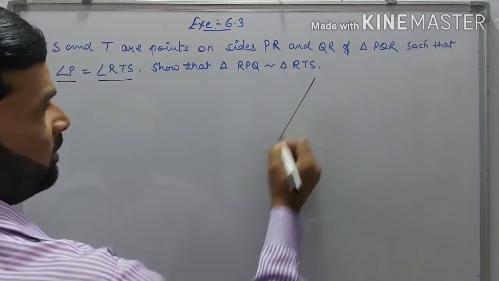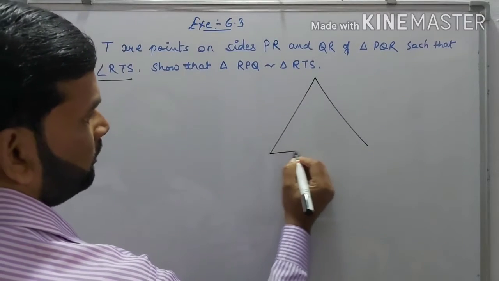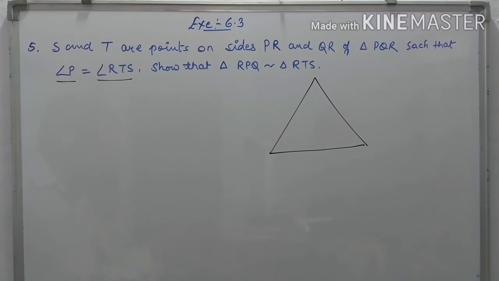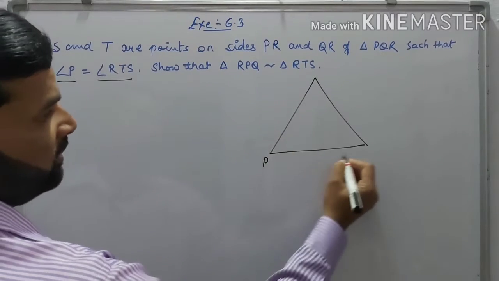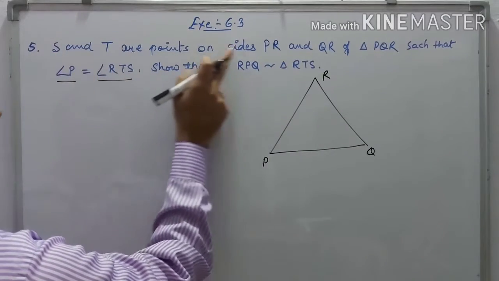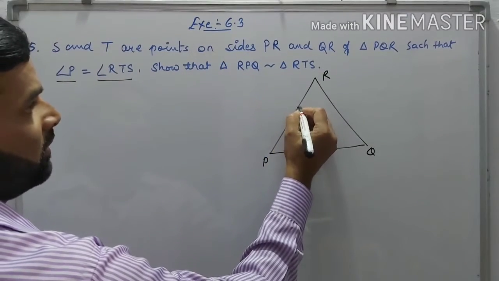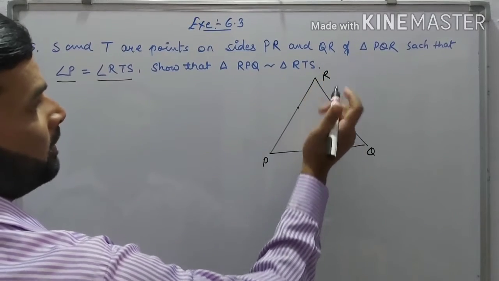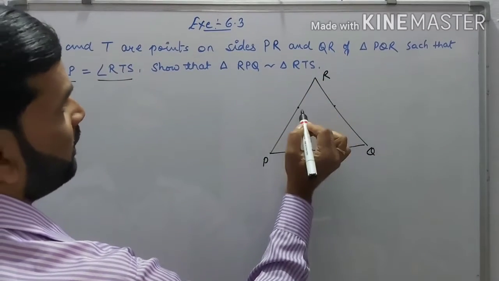Okay, now first we will draw a triangle. Which triangle? Triangle PQR. Now P, Q and R, and S is a point on PR and T is a point on QR.